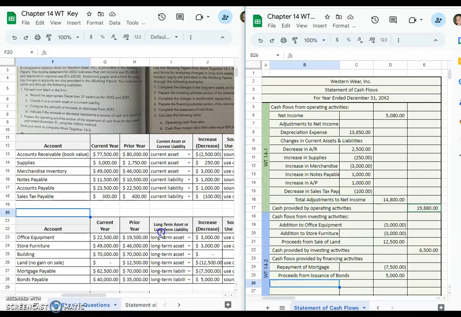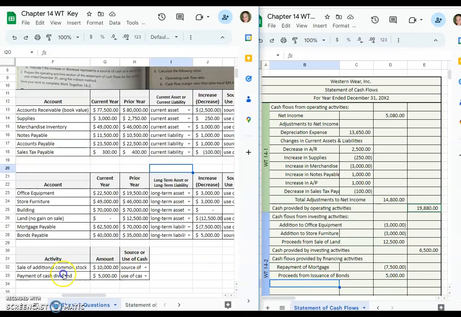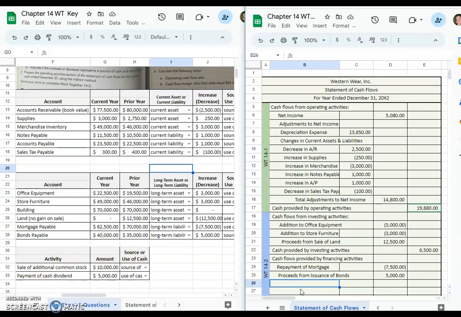And now we'll come down and deal with our stock, also in this financing activities section. So we had proceeds from issuance of stock. We should probably say it's common stock. And those proceeds are $10,000.